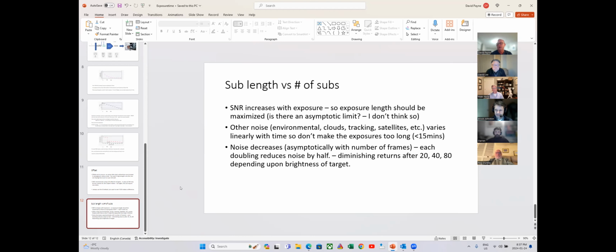So those numbers 20, 40, and 80, what they mean to me is that 20 is my absolute minimum that I would need on a fairly bright target, whereas 80 frames I might want if I'm going for a dim target and I want to separate my signal from my noise.